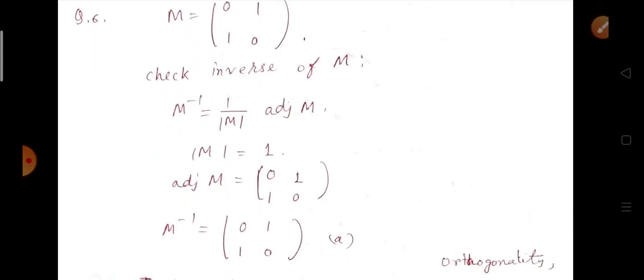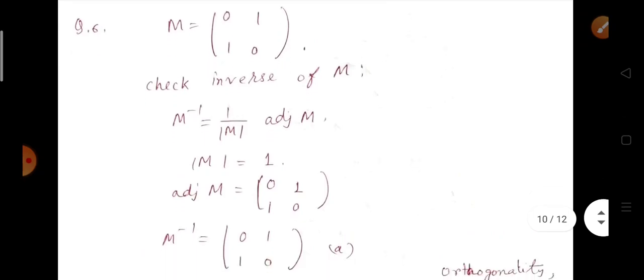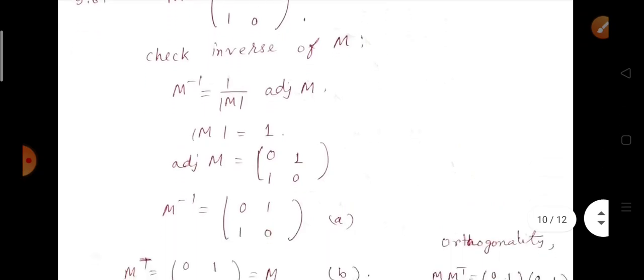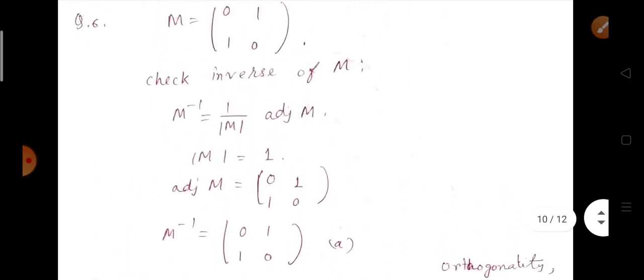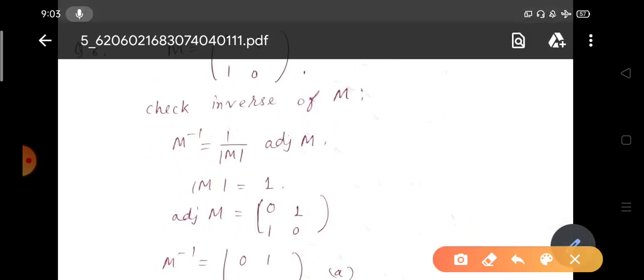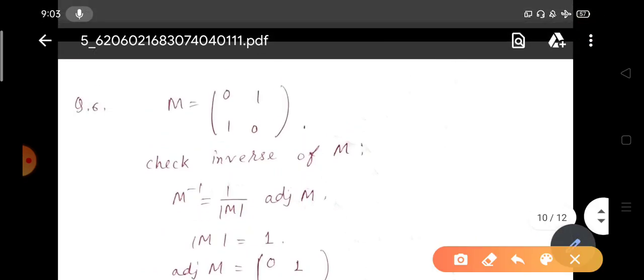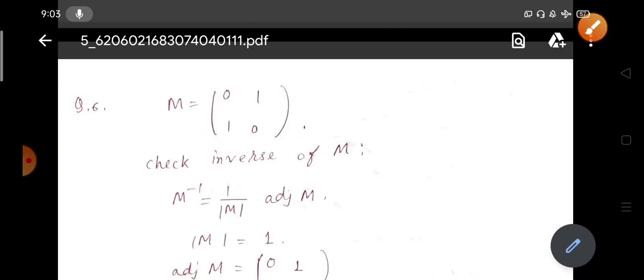Now the inverse: as the determinant is minus 1, we get M inverse equals 0 1 1 0. And now M transpose: you have to make the row the column and the column the row, that is 0 1 row will become column here 0 1, and this 1 0 column will become this 1 0. Actually this is the same.